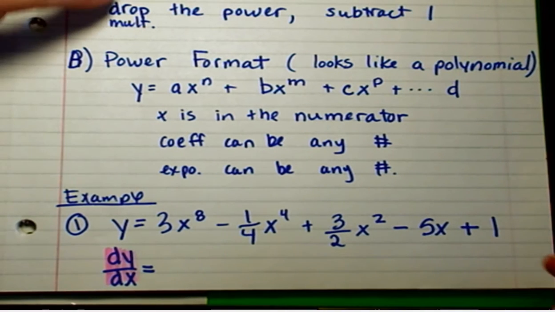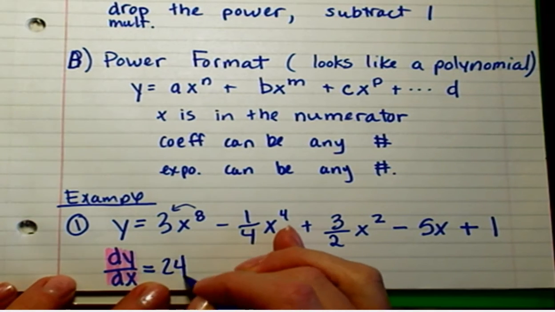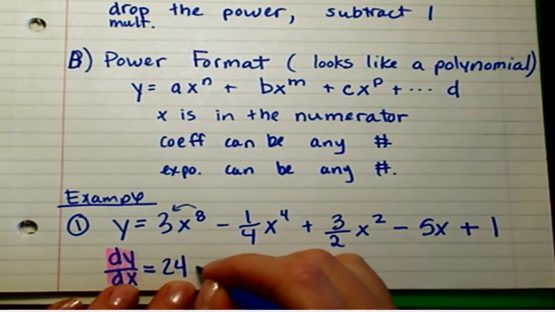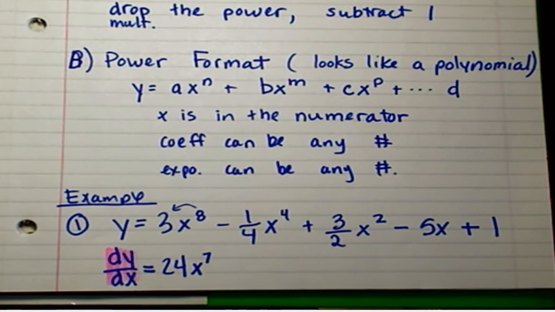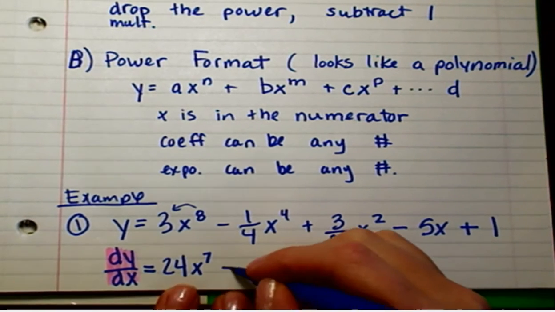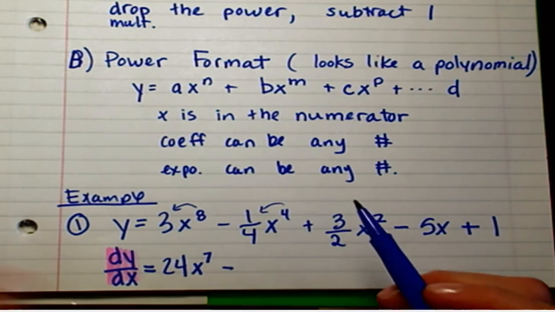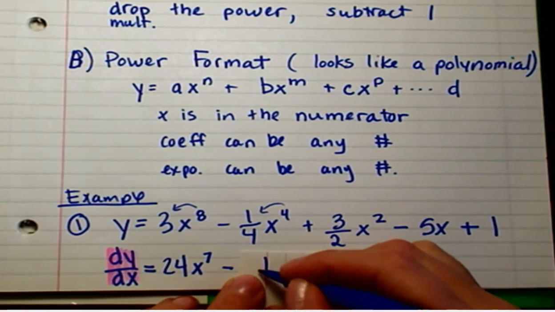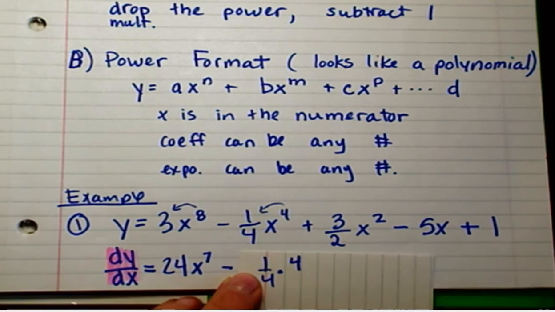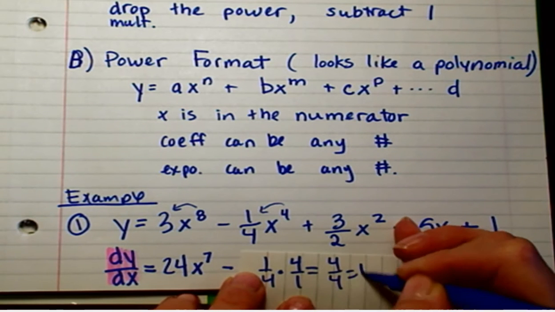Okay, so the power rule says drop the power. Right, so multiply the power, 24, x, subtract 1. Now, most of these polynomials you can do in your head because you're just multiplying integers. Okay? Drop the power, so 1/4, okay? 1/4 times 4 is 4 over 4 is 1.